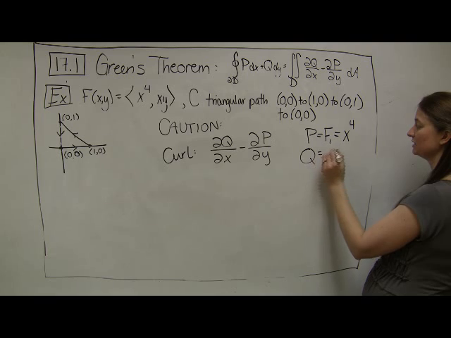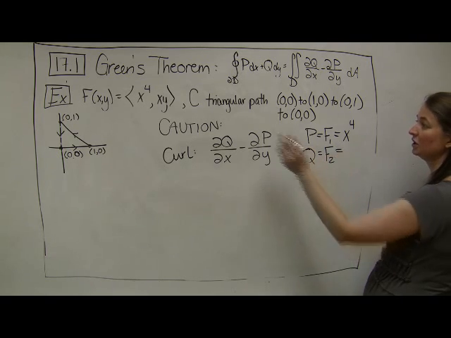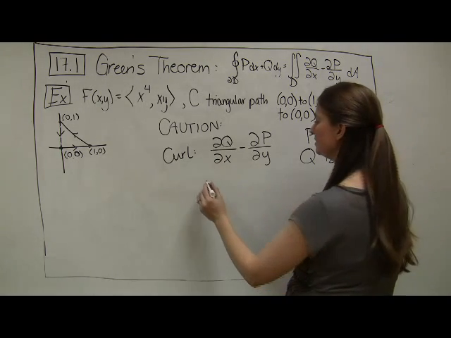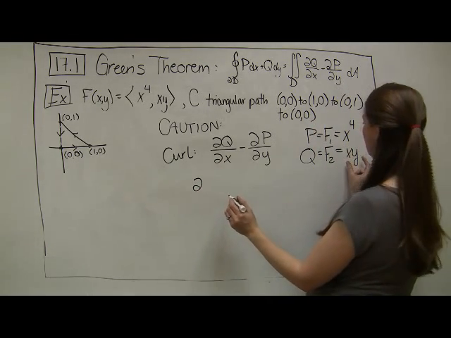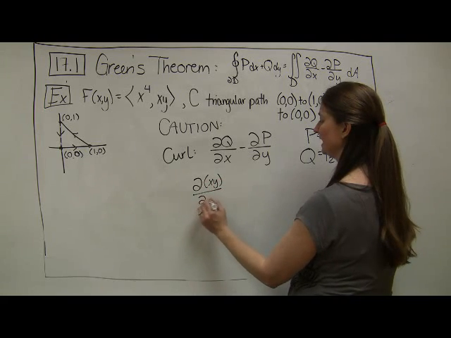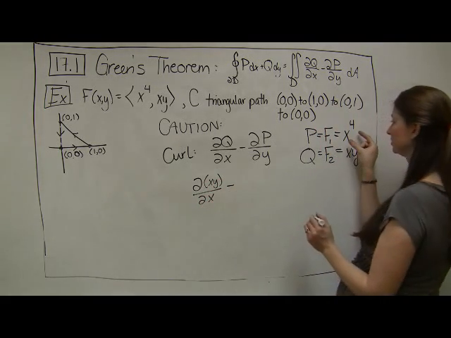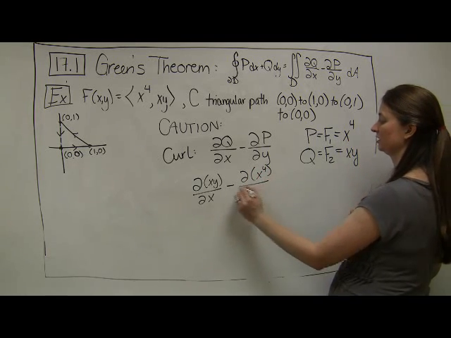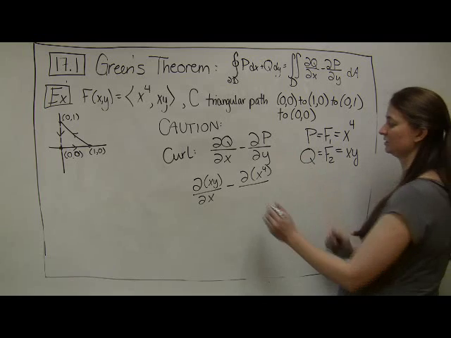And q is always equal to the second component function, which in this case is xy. So I'm computing the partial derivative of q, which is xy, with respect to x, minus the partial derivative of p, which in this case is x to the fourth, with respect to y.